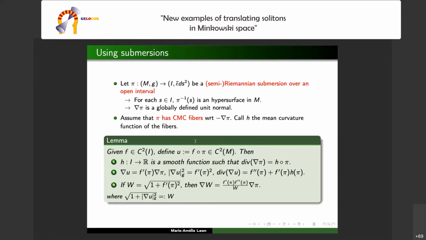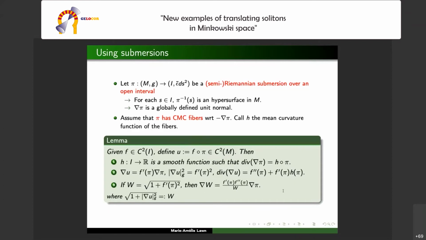So in this case, this is a technical lemma. It's not that important. It's just going to tell us that we're going to be able to replace our complicated partial differential equation by an ODE. So if we have a function f such that u, the graph function of our soliton, is f of the projection, then we have that the mean curvature function is a smooth function satisfying some equation.